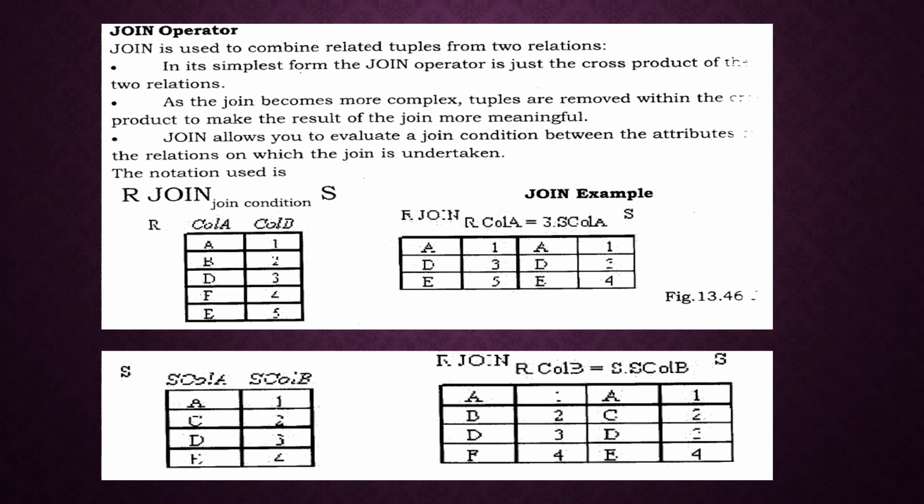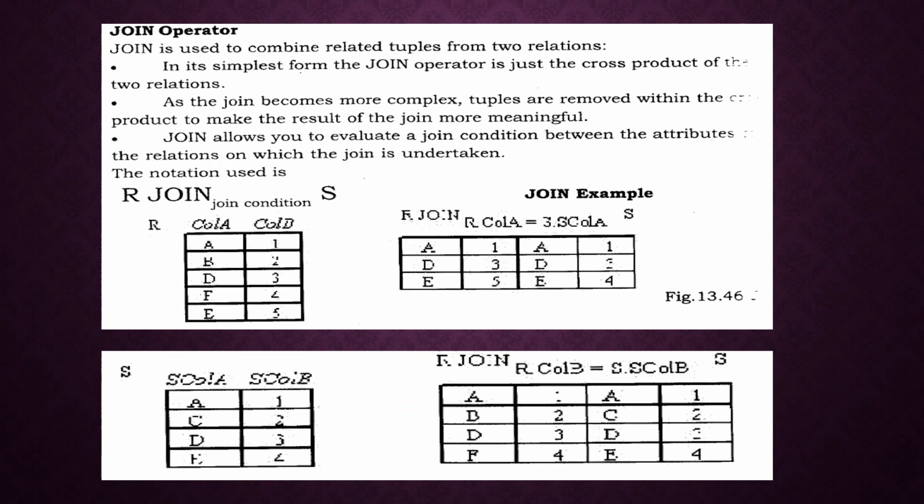See, in the first diagram R is given and in the second diagram S is given. So two things are properly mentioned here. A1 is combined with, oh sorry, D3 is combined with D3 of the second set.